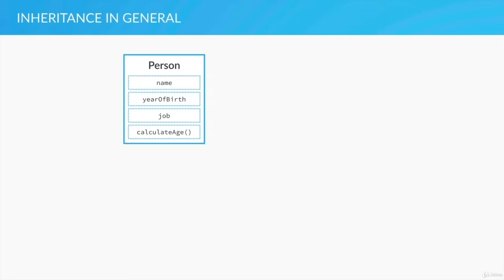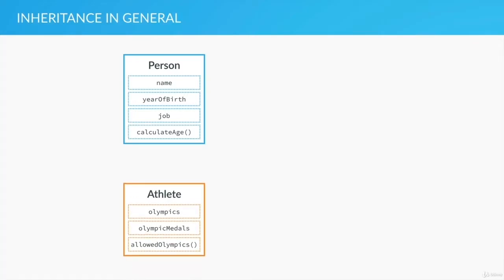Back to our persons example, imagine that we also wanted to have an athlete constructor besides the person constructor, with a couple of different properties and methods. Now, an athlete is also a person, right? There are just some particular properties and methods for an athlete, like for example, how many participations in Olympics they have or how many medals they have won.